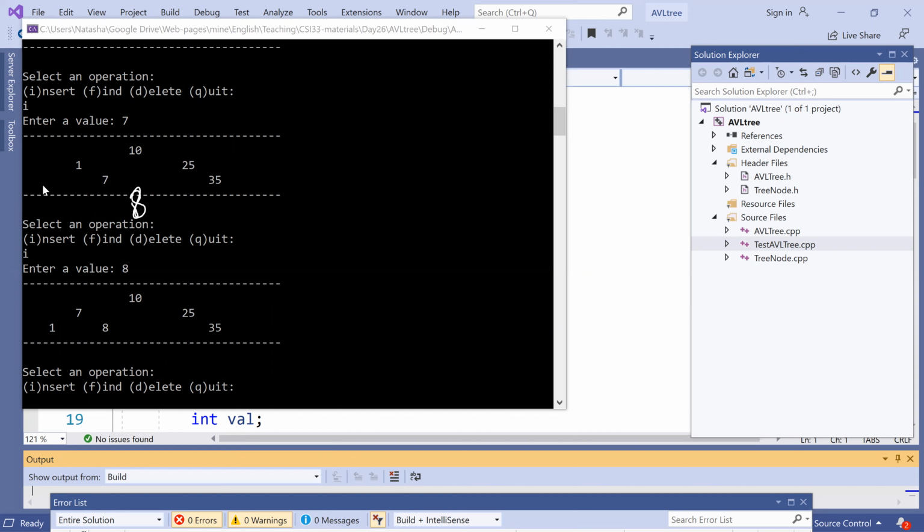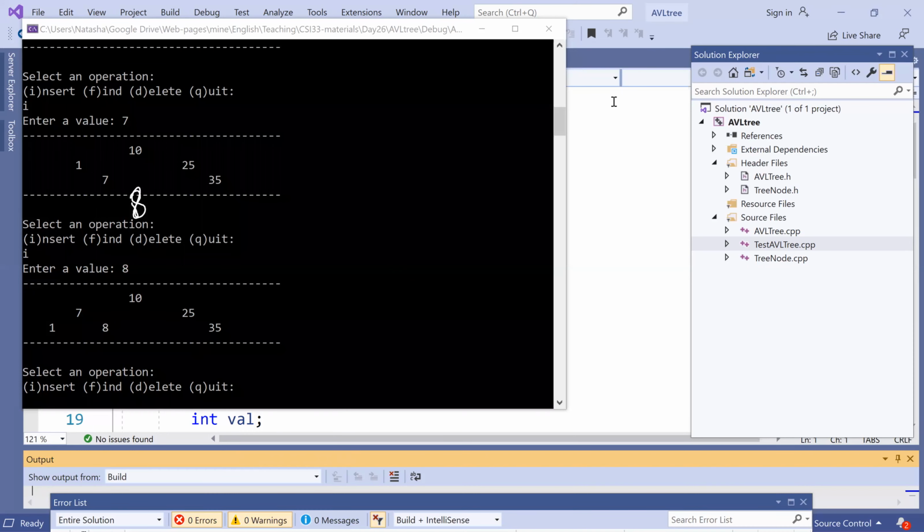So their difference is 2, and therefore it has to be rebalanced. Now, where did it fail? It's important of where is it failing. It's failing here, right? So from here on, the insertion is right. This is where we went. So therefore, it will be a single rotation, and it will be to undo it, 1 rotation to the left. That's why the 7 became the root. 1 is the left child and 8 is the right child.